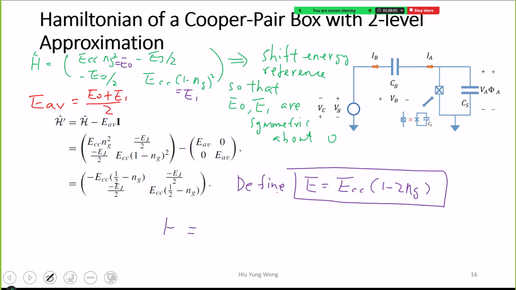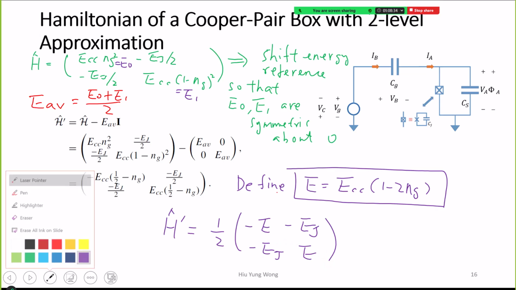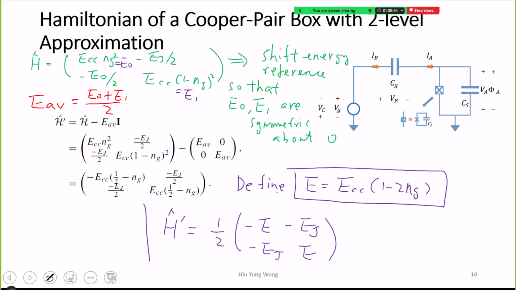H hat dash is just equal to half of negative E, negative EJ, negative EJ, and E. Become very beautiful, right? It's pretty symmetric. Because again, I take out the half for each element. So this becomes 2ECC times 1 minus 2ng, so this is just negative E. Similarly for this one. Right? So this is the very neat equation.